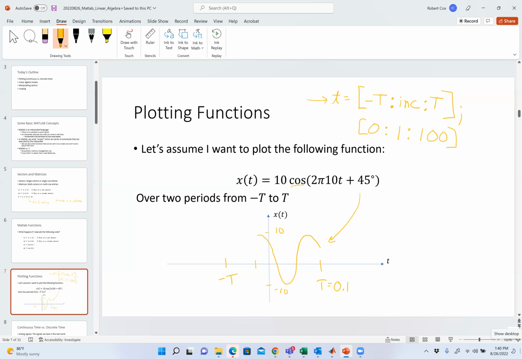So in this case, I tell it that I start at negative T, and then I use a colon to say start at negative T, increase in some increment value up to T. The other day I said, as an example, if I had some vector starting at 0, going up to 100, and I wanted it to increase in integer steps, I have 0, steps of 1 up to 100. So the question would be, how do I make sure that if I'm trying to make a graph of a function that it actually looks right?